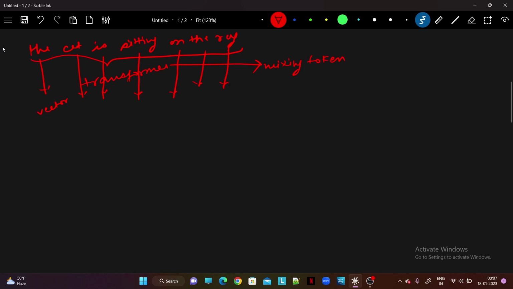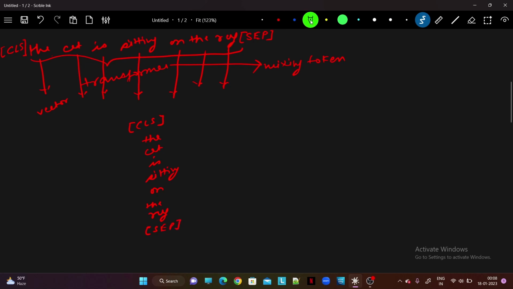It will start with CLS, which tells the model that you need to classify it, and it would end with SEP, which means this is the separation between two sentences. So it will be like CLS, the cat is sitting on the rug, and then SEP.